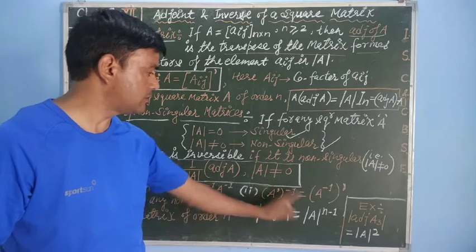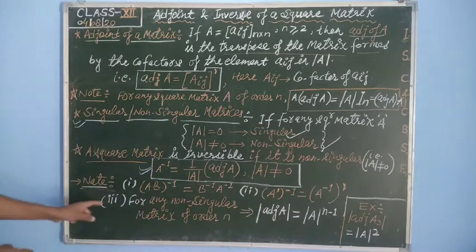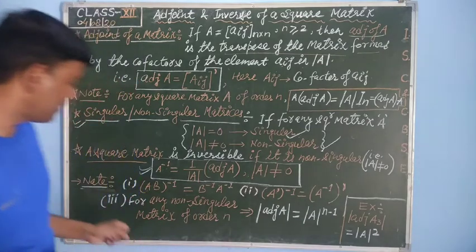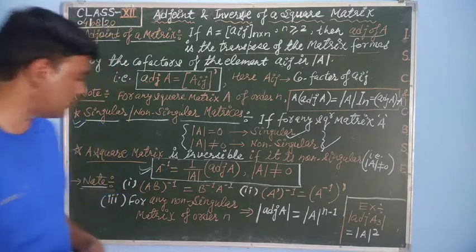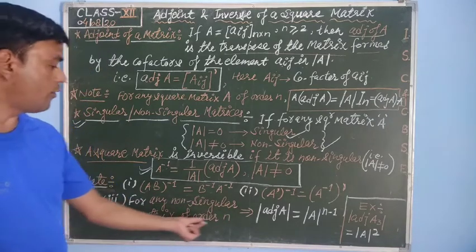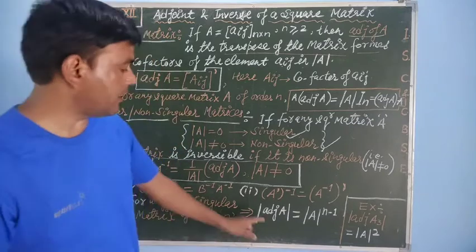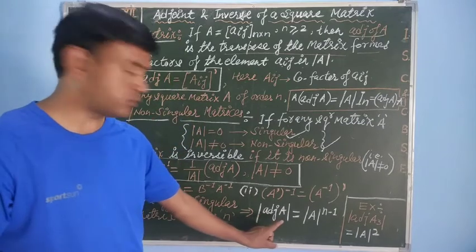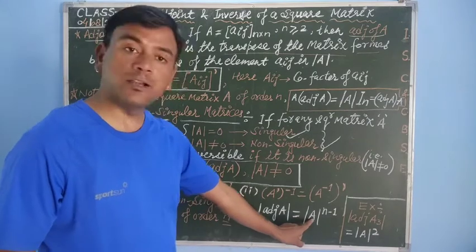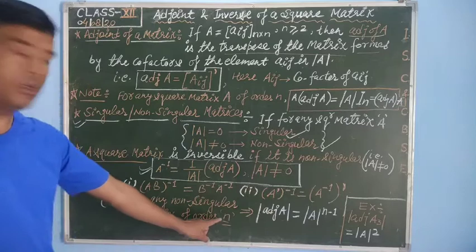Inverse and transpose signs are interchanged. Then the third property, again a very important property for a short question or for competitive examinations: for any non-singular matrix of order n, the determinant of the adjoint of the matrix is always equal to the determinant of that matrix raised to the power n minus 1, where n is the order of the matrix.